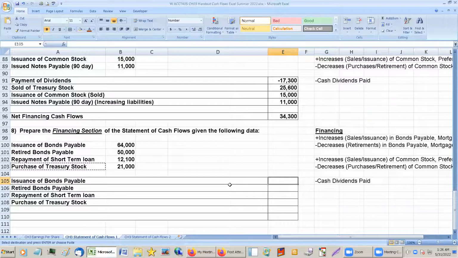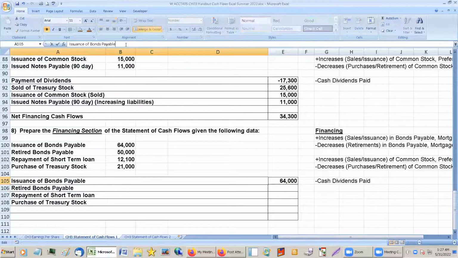Okay, issuance of notes payable, this is a liability increasing, so cash increases. Retired bonds payable, this is when we pay off the bonds payable.